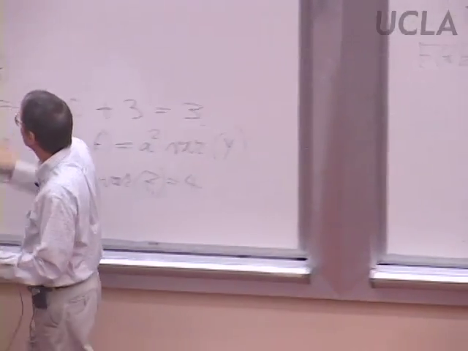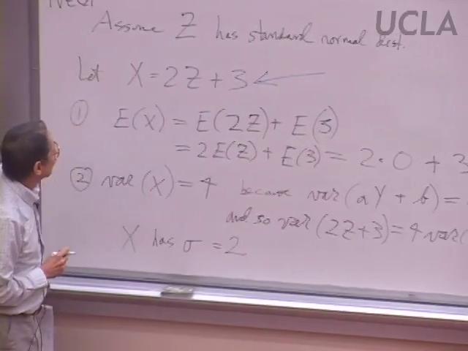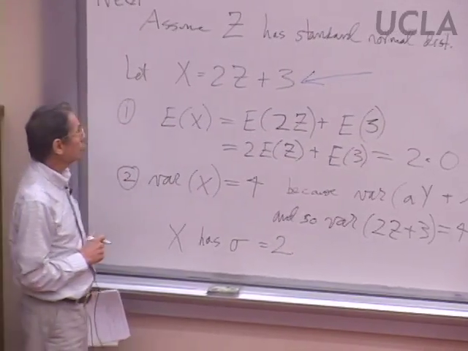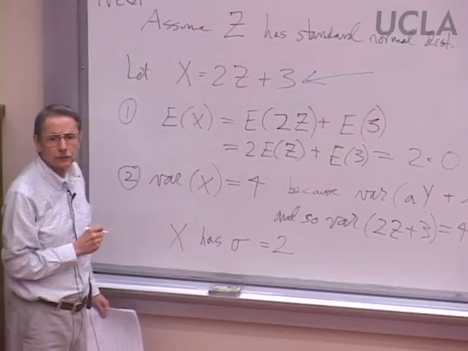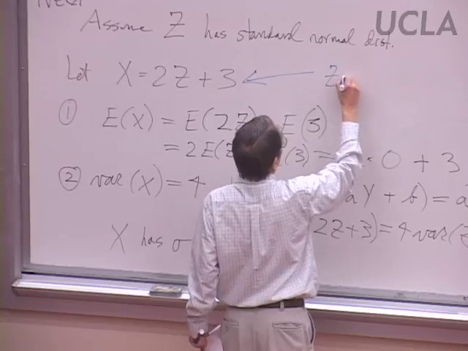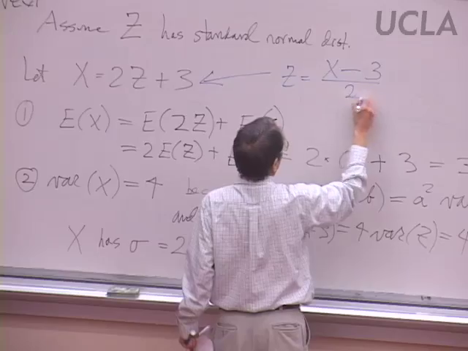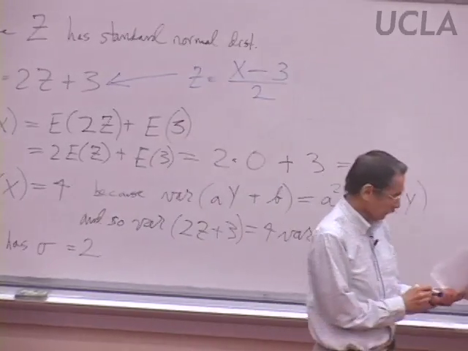Now, going back to the equation we started with, if we solve this equation for z, z is x minus 3 over 2.